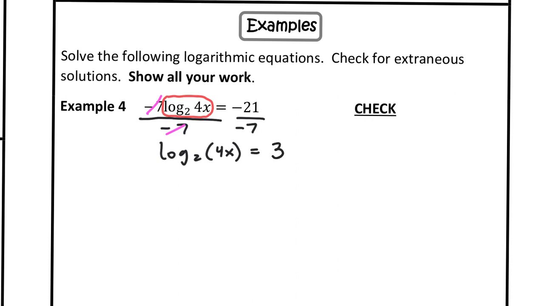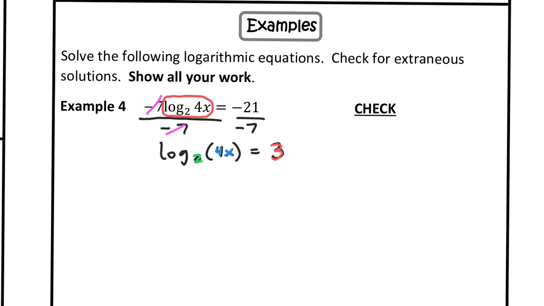So now we can convert this into an exponential, right? I have log base 2, I have 4x, and I have 3.